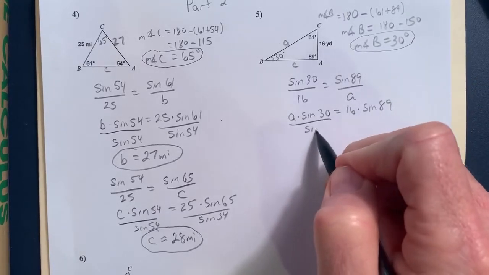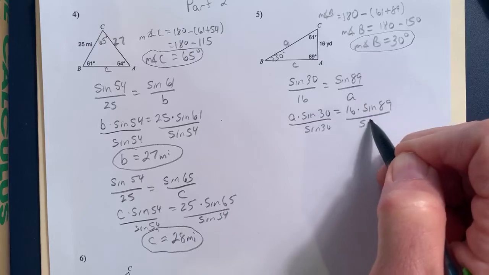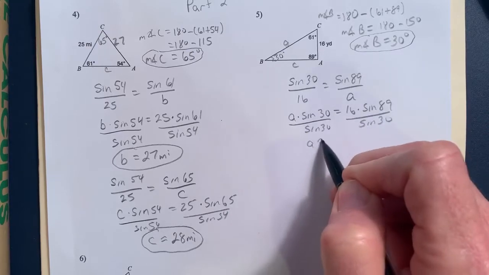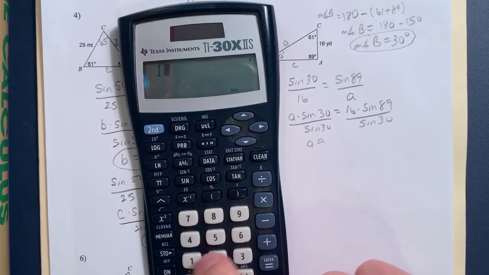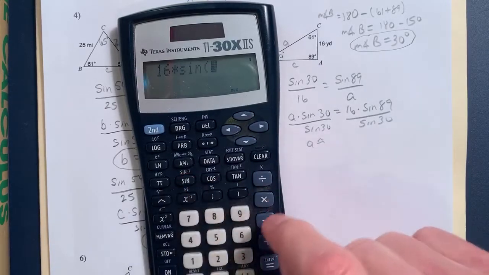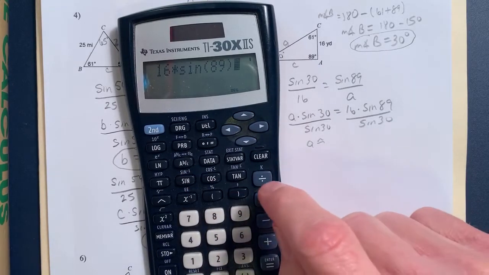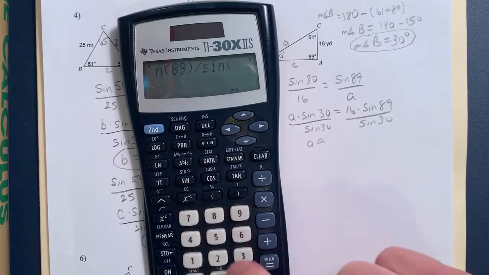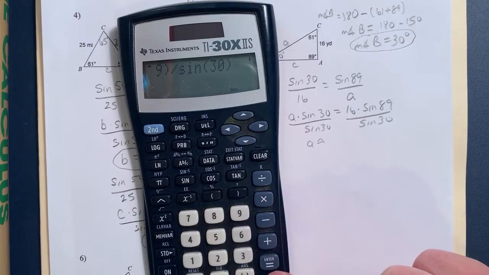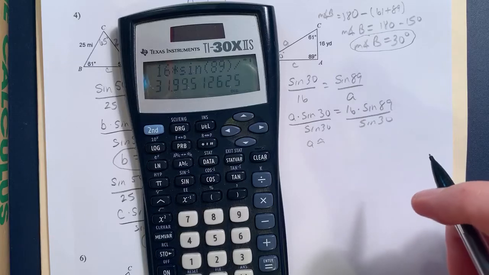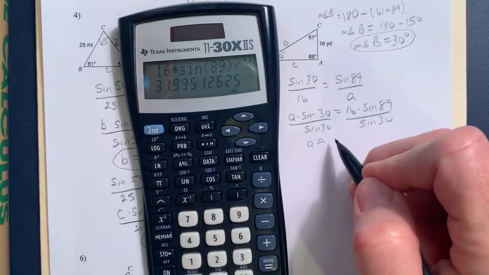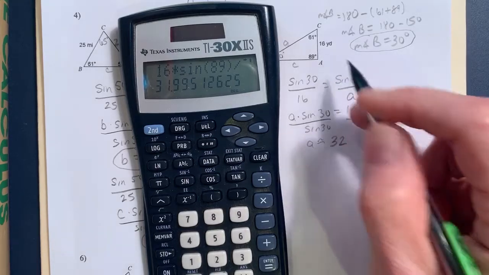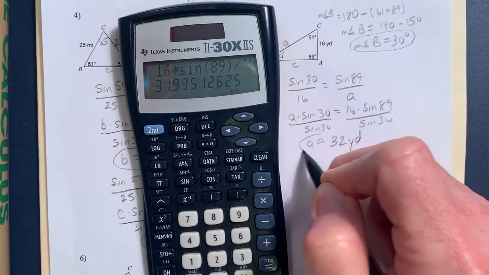Divide both sides by sine of 30, and then I can get what A is equal to. So 16 times sine of 89, in parentheses, divided by sine of 30, in parentheses. Right at 32, and those are yards. Make sure I circle that.